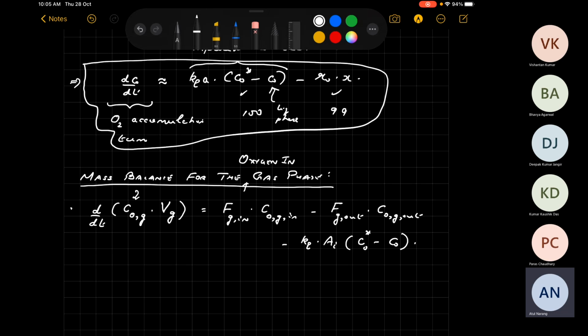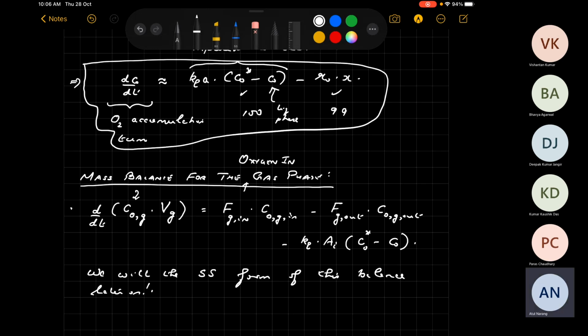We will need the steady state form of this balance later on. So this will only be needed once when we talk about how to calculate K_L a using certain methods.